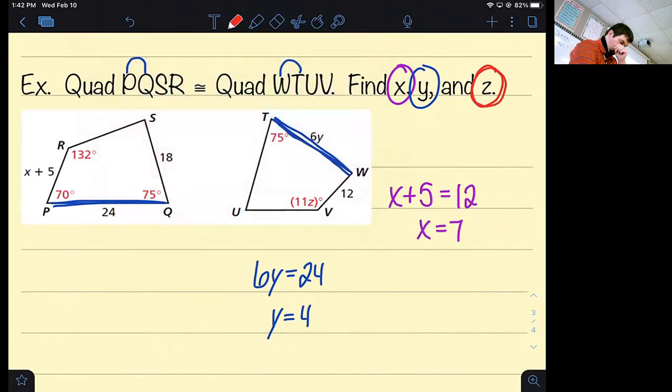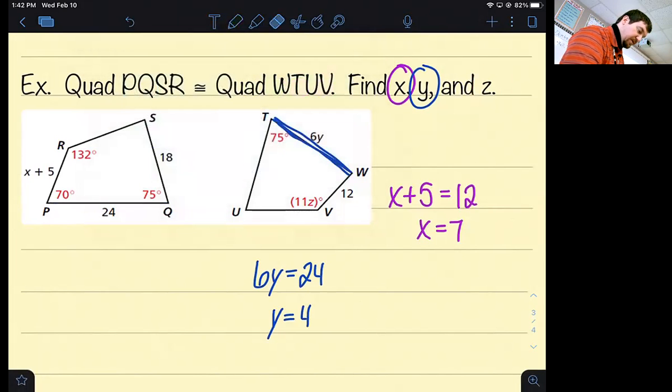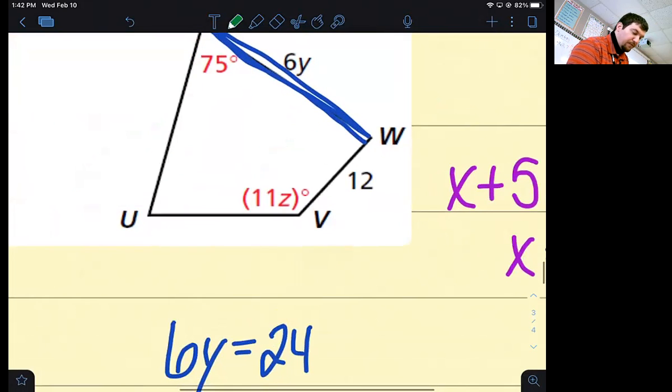Finally, Z. Z is, I should use a different color. Well, I was going to, but it's already given me everything red. Z is part of angle V here.